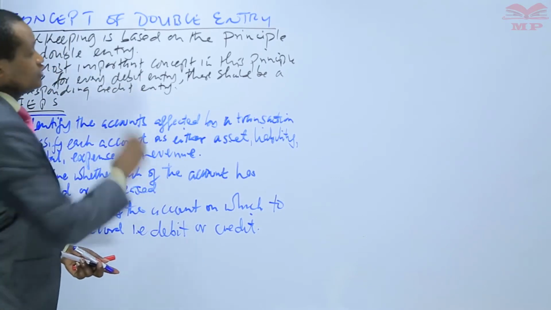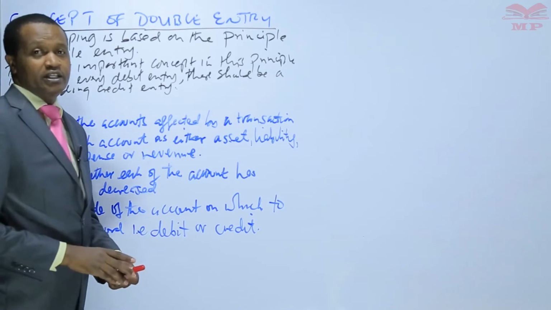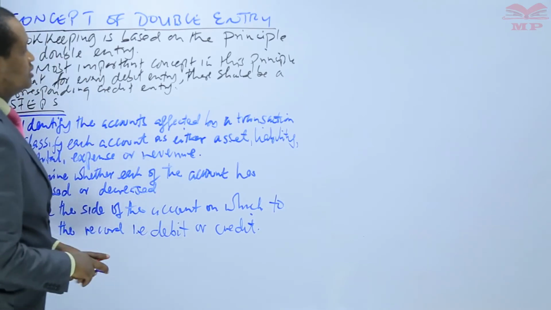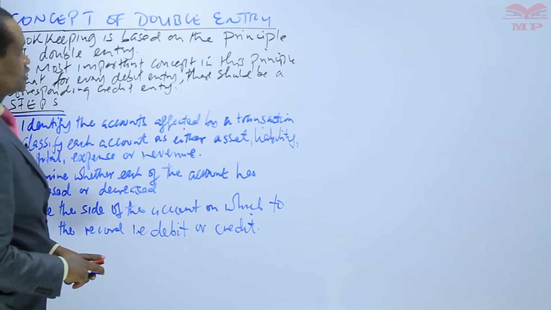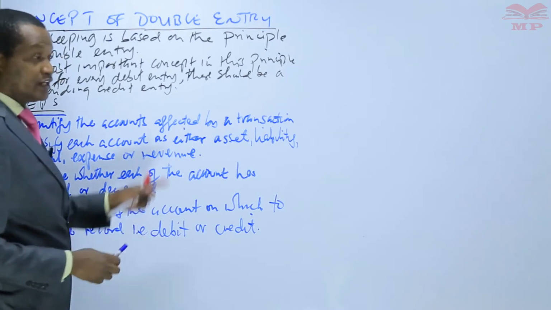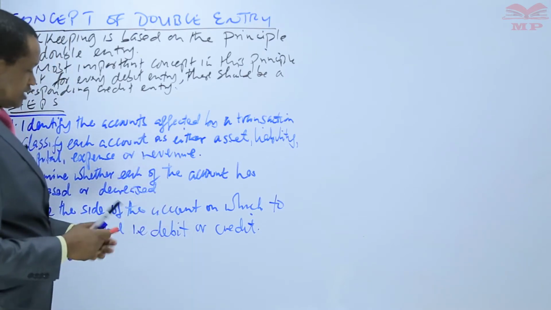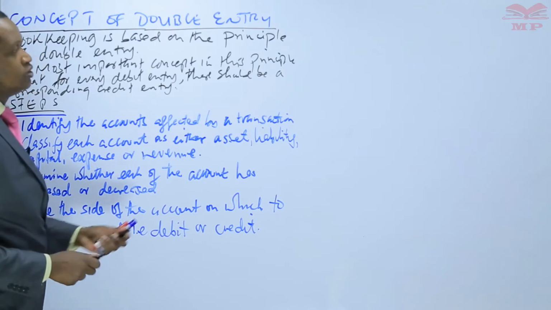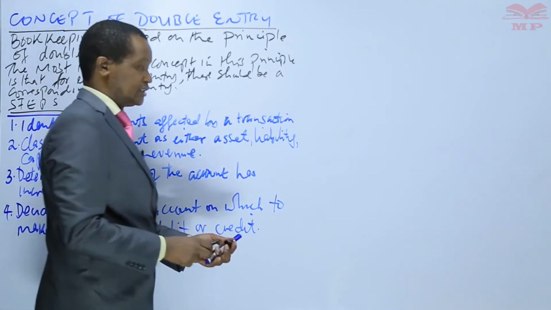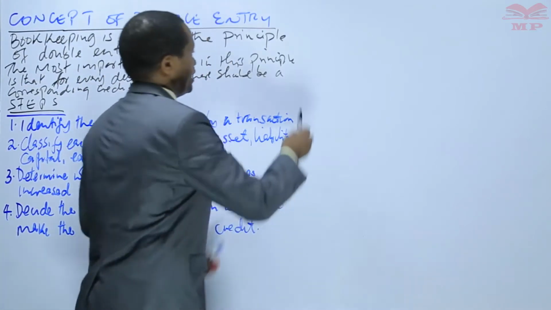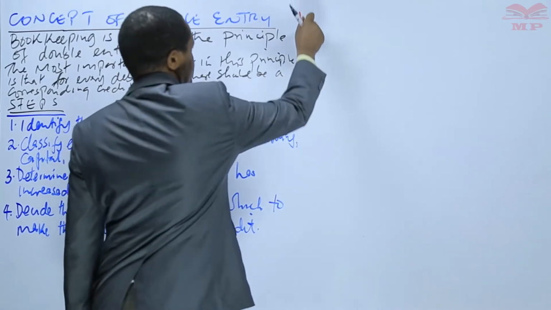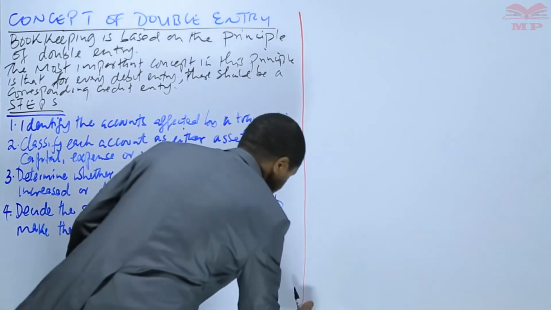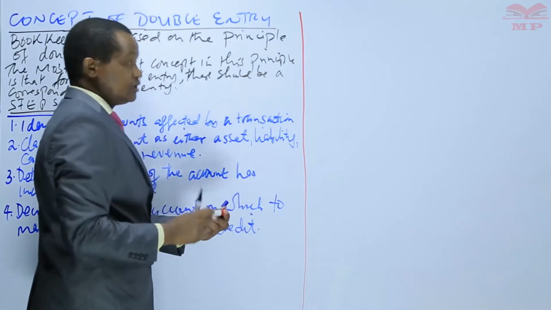So the double entry system is a straightforward concept, a very important concept. And let us now try and apply these steps. We are going to have some examples.